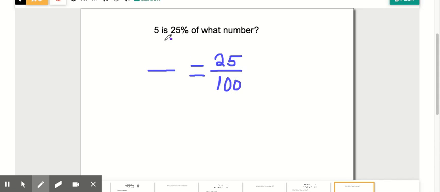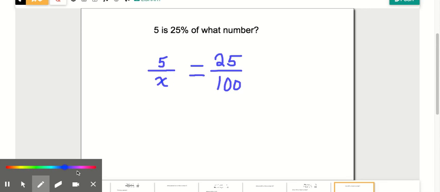And then I'm looking for my part. My part usually is with my "is," which is 5. So 5 is my part of what number? Of, or my whole, is on the bottom. I don't know what that is.